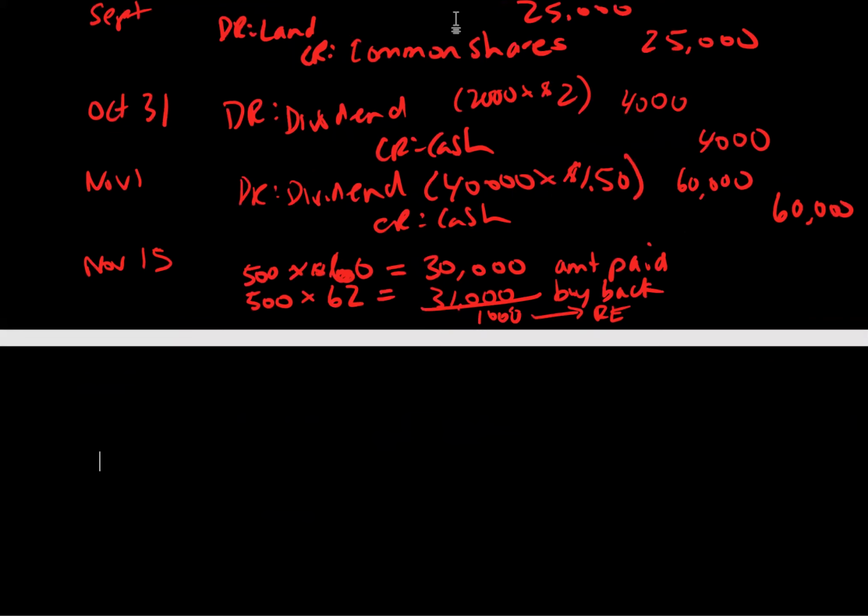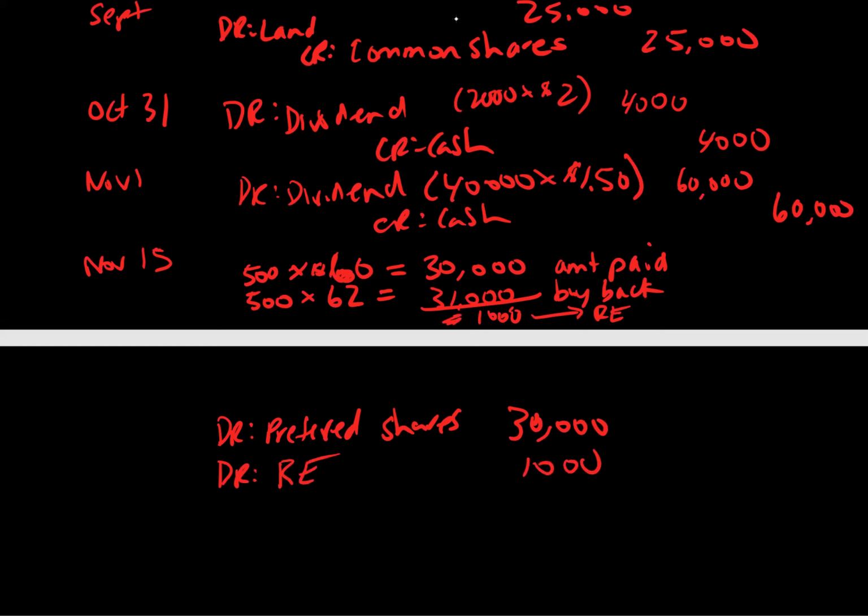So our journal entry is going to be debit preferred shares, because we have fewer preferred shares now, we're buying them back. That's going to be the amount that we paid, because that's the maximum amount we can take off of our statement of financial position. We can't have them go into a negative. Then we're going to have debit retained earnings of the $1,000 shortage that we calculated right here.